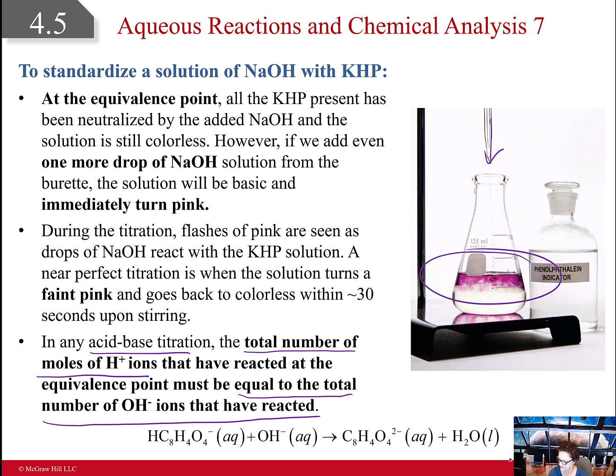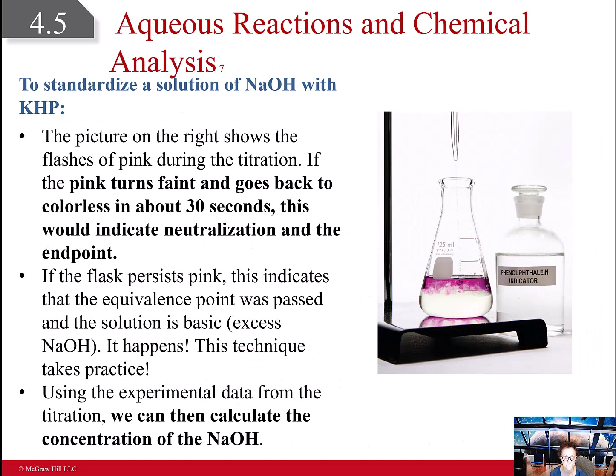And so this is what that reaction looks like. So if it turns slightly pink, and it will stay for 30 seconds, then you know that you have reached the equivalence point.